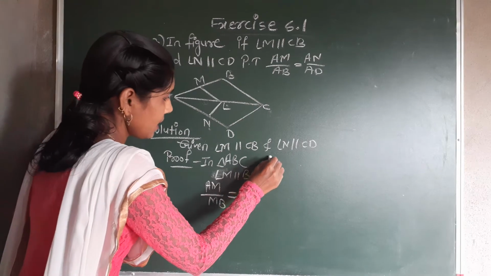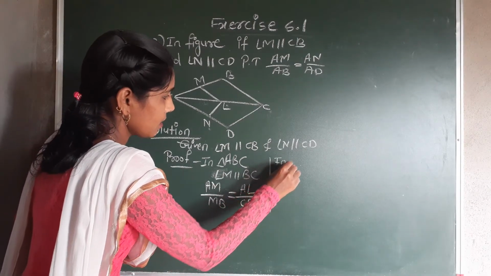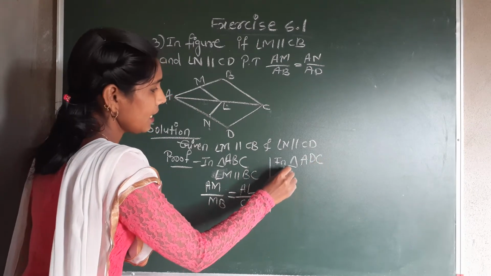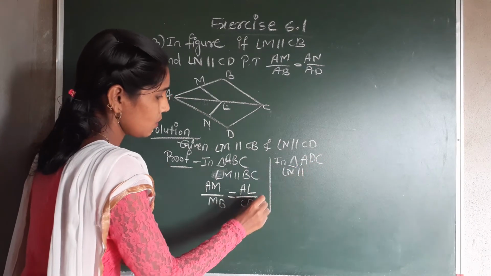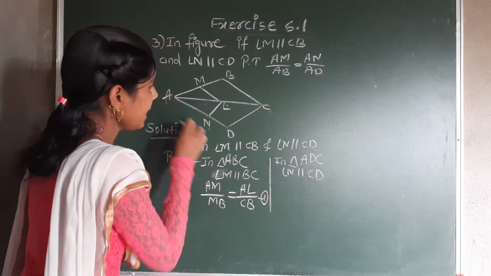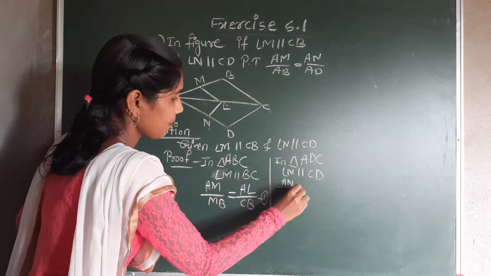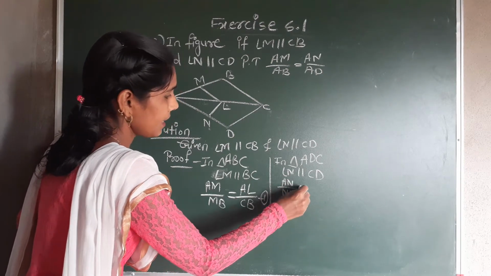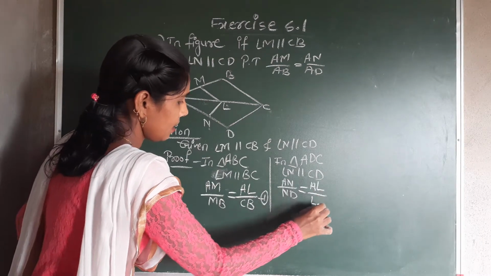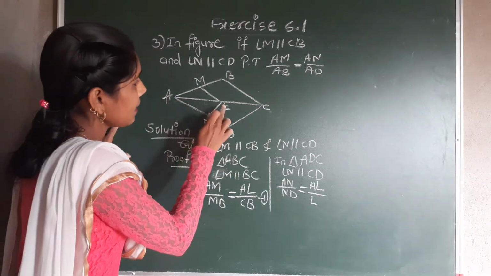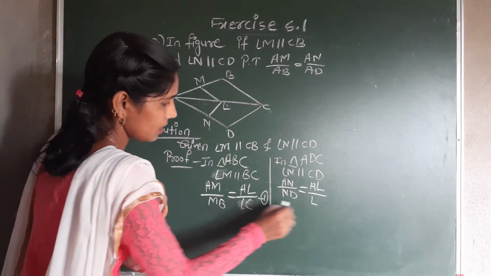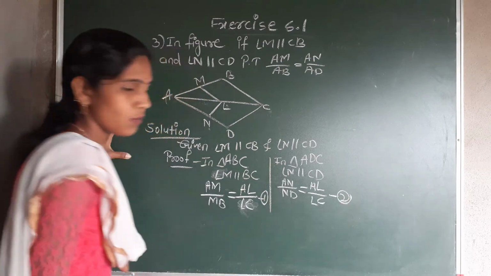This is equation 1. Next, in triangle ADC, here LN is parallel to CD. We can write AN divided by ND is equal to AL divided by LC. Equation 2.